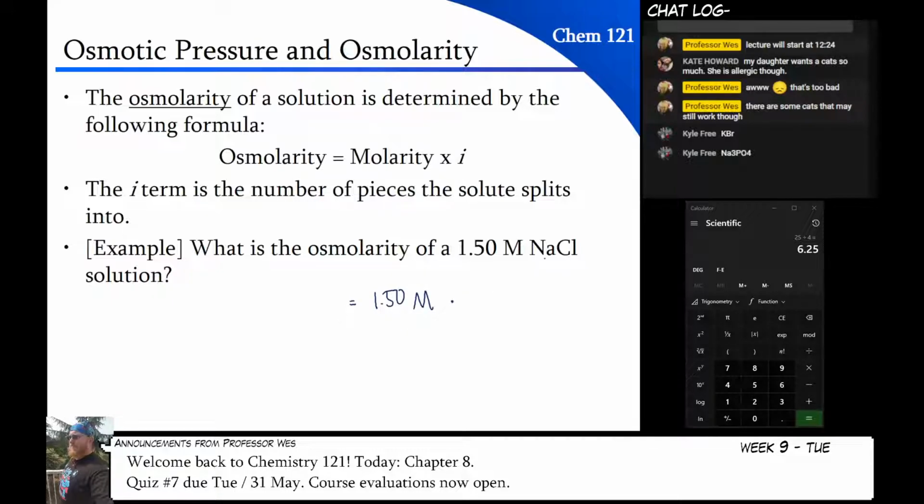We're going to multiply that by the number of pieces sodium chloride splits into. And what we write is this. So this solution would have an osmolarity of 3.